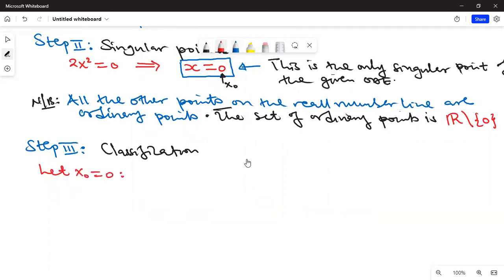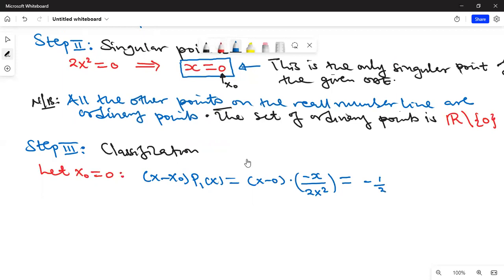So what I need is x minus x naught times p1 of x. What will it give us? It is x minus 0, our p1 of x, we got negative x over 2x squared. If you simplify, I'll get x squared in the numerator, another x squared in the denominator. So that's negative 1 over 2, because you know how to simplify.